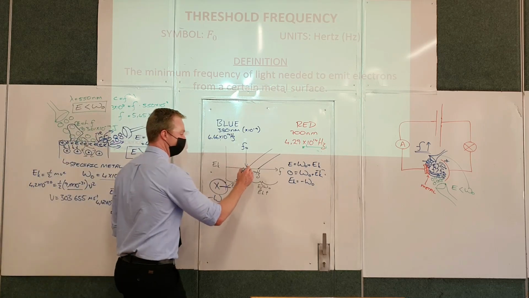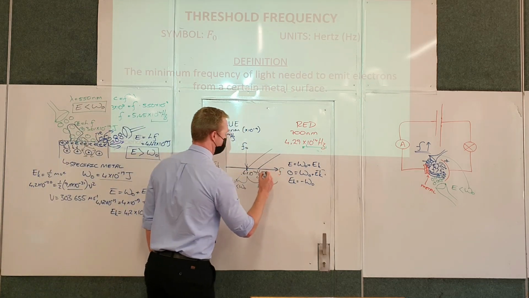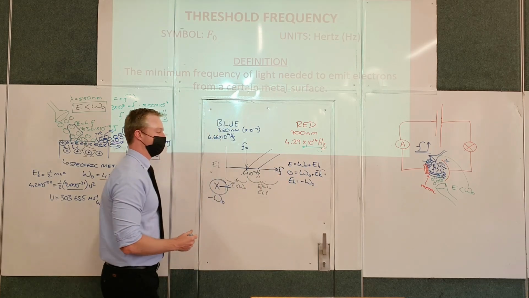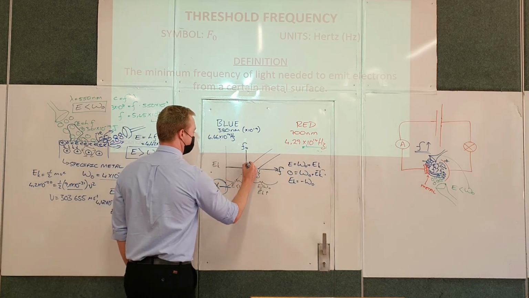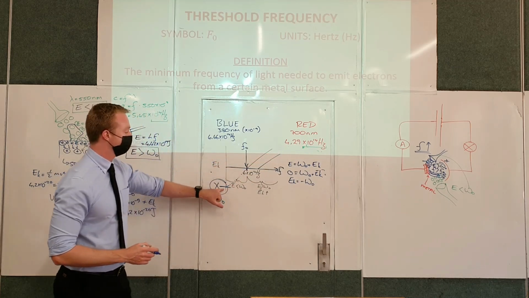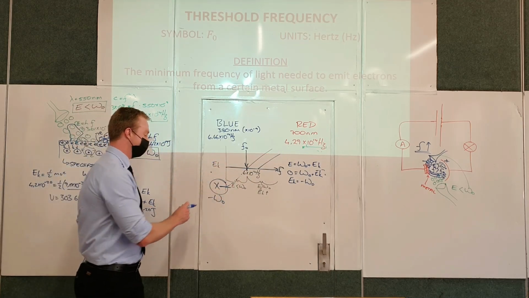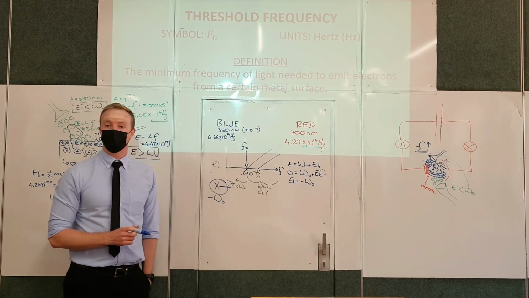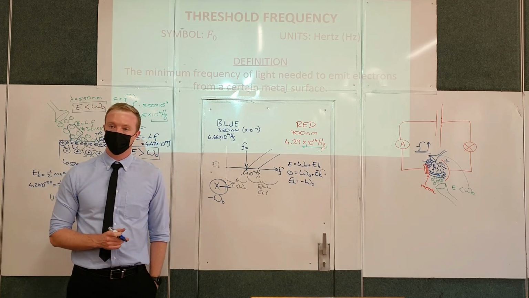So over here, because this is the frequency axis, this point here gives us our threshold frequency, and then if you extend this graph to find the y-intercept, our y-intercept is going to be our threshold, or our work function.